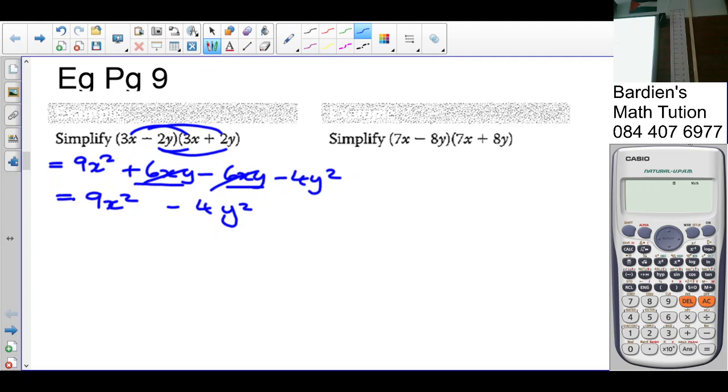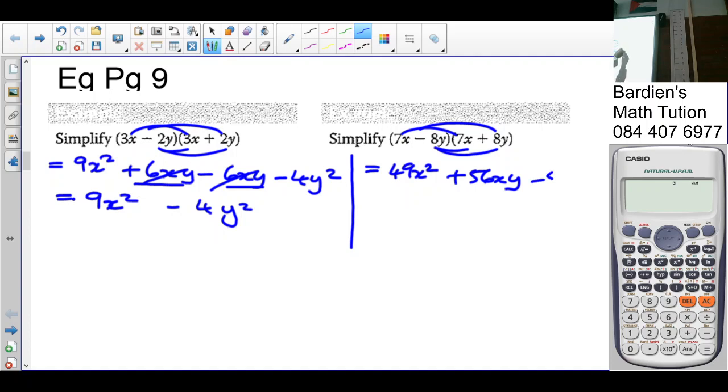Okay? Now then, multiply this out here. 7x times 7x is 49x squared. 7x times 8y will give you 56xy. Negative 8y times positive 7x is negative 56xy.